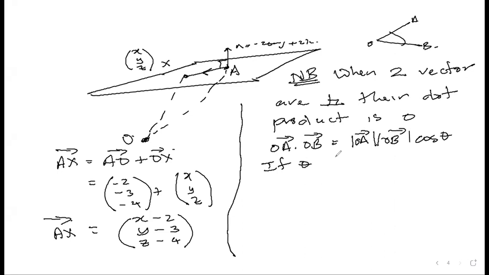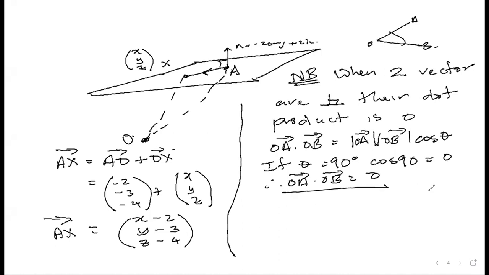If theta equals 90, then cos 90 is 0. Therefore OA and OB are perpendicular.